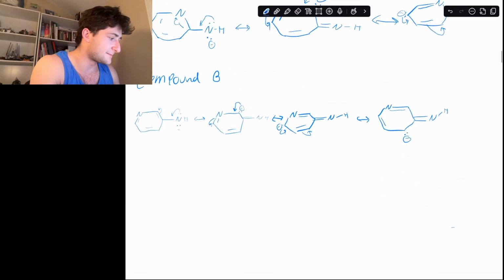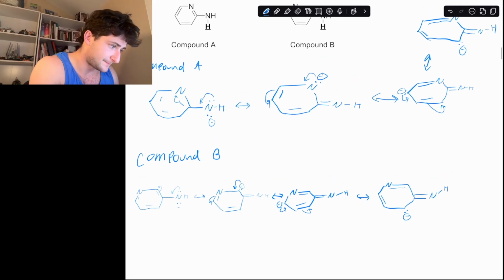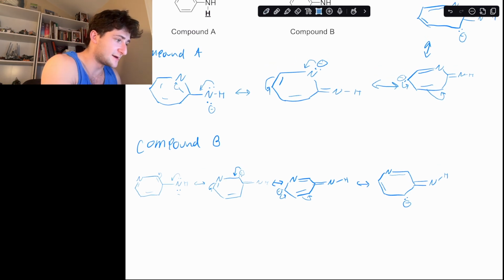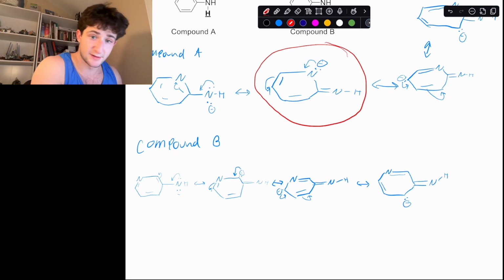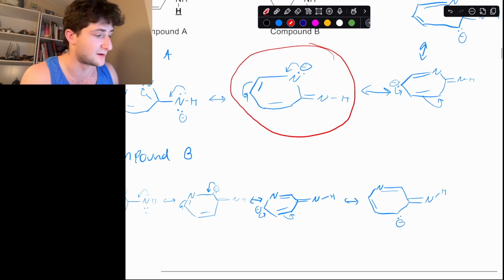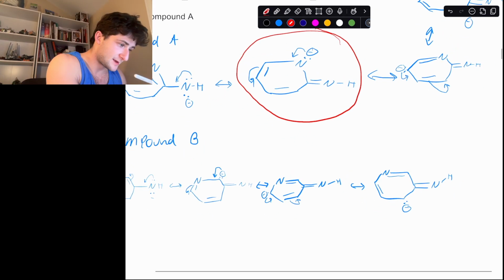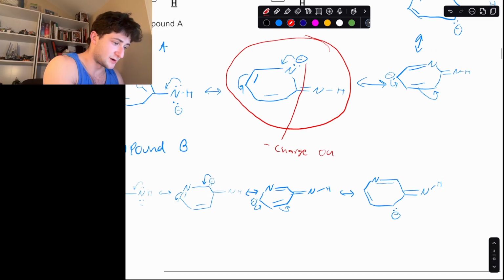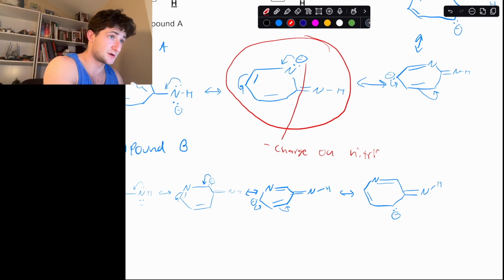We're comparing, the main highlight here is this. Do you know why? Probably don't, but I do. The negative charge on nitrogen.